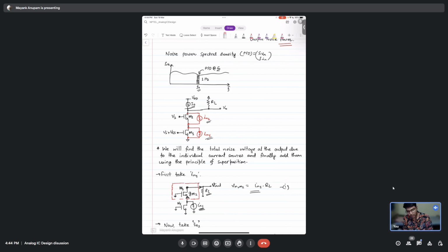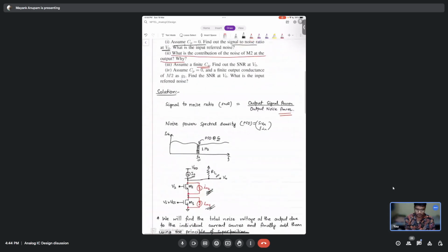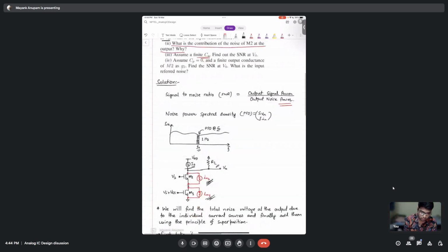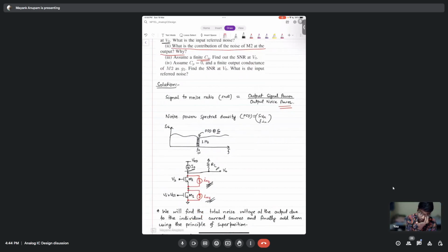I just assume that RL is noiseless, but yes, RL will also contribute some noise. Let's assume that it is noiseless, because the point of this question was to illustrate that M2 does not contribute to noise but M1 is contributing. This is a very important concept, by the way. Here we are neglecting the thermal noise of RL, right? Yes.